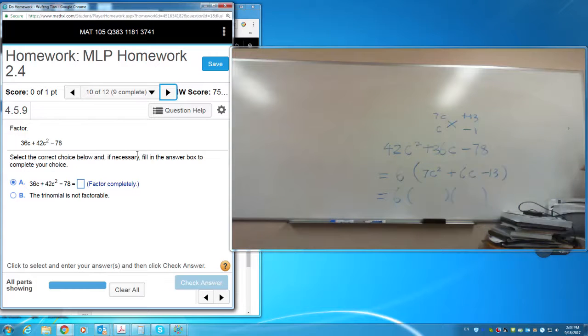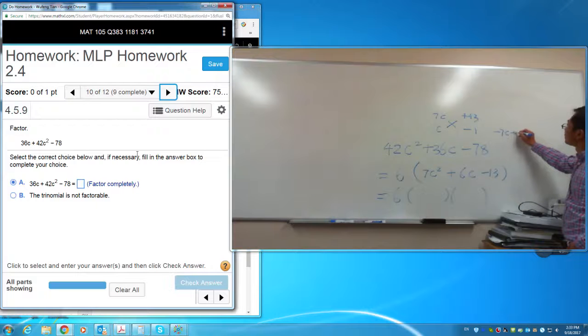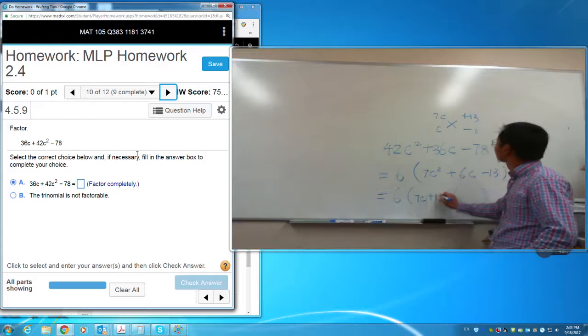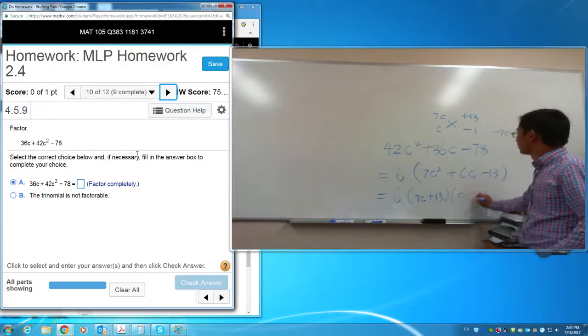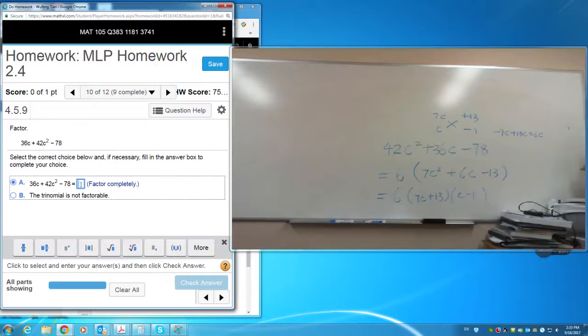Cross multiply. So 7c is negative 7c plus 13c, which is positive 6c, the middle one. So the answer is 6 times 7c plus 13 times c minus 1.